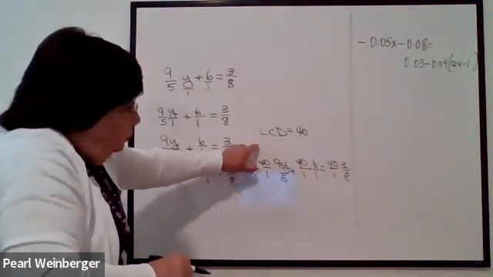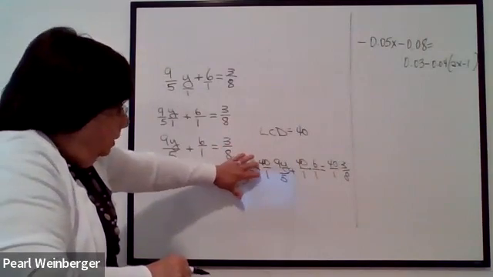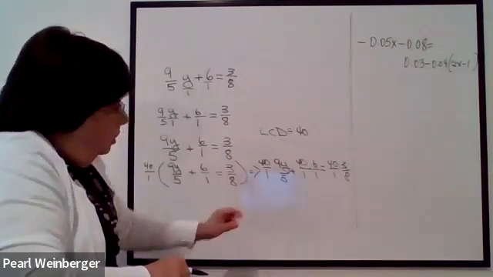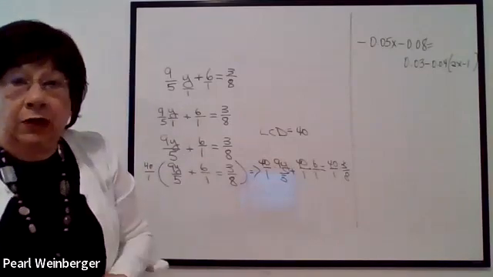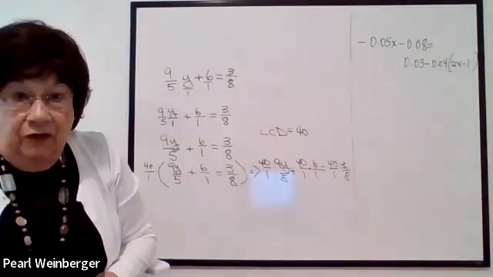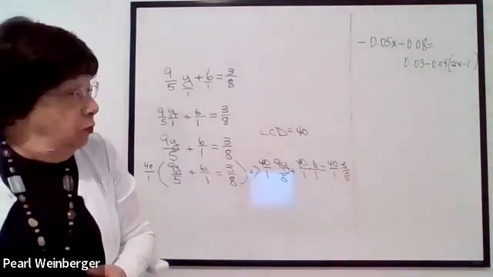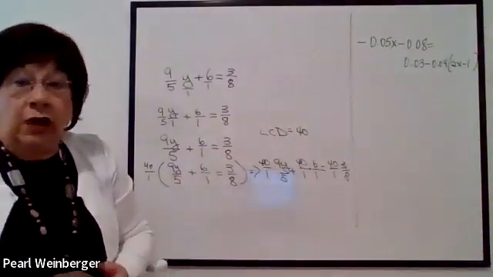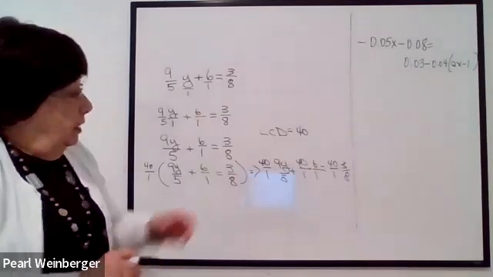Let's go to this first set of fractions. We're multiplying 2 fractions, 40 over 1 times 9y over 5. You may recall that when you're multiplying fractions, you first try to cancel out any numerator with any denominator.